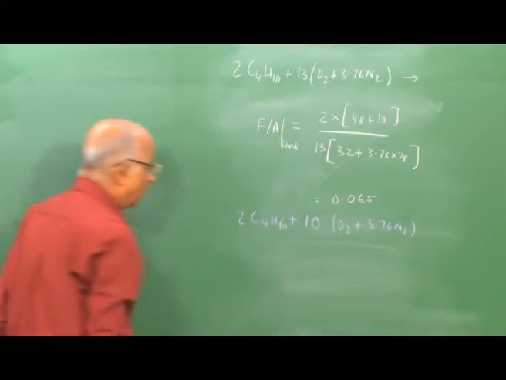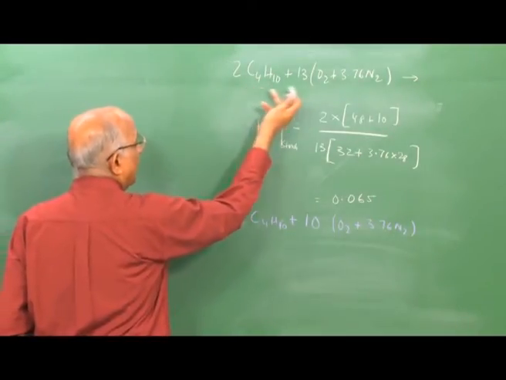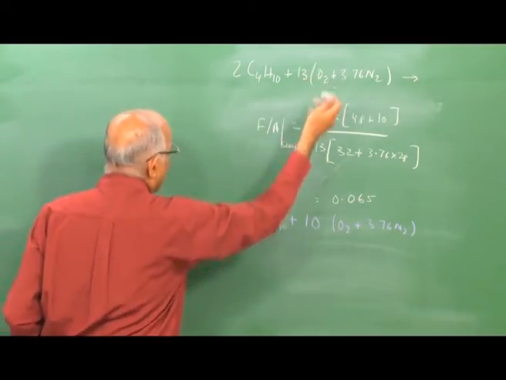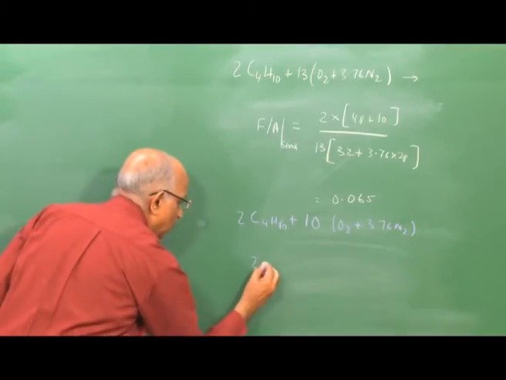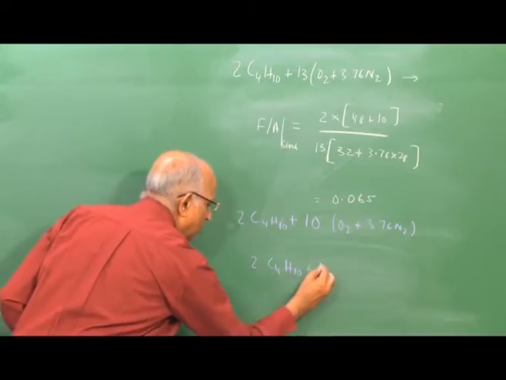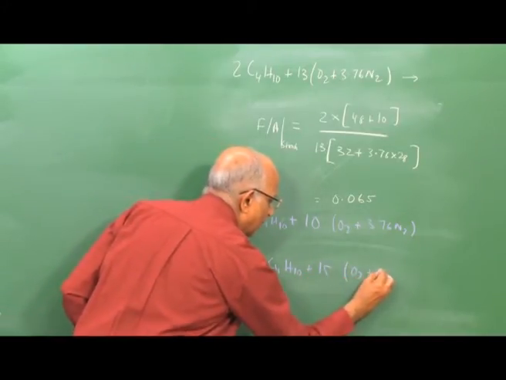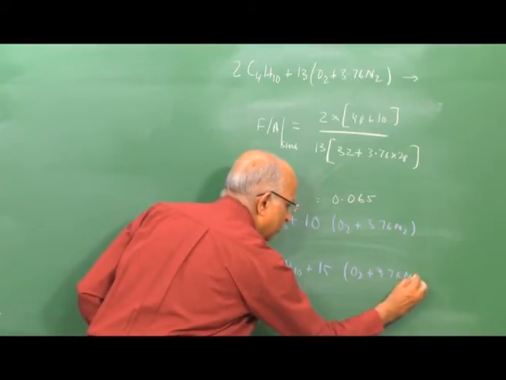This is one scenario. I could also have the leakage much smaller and it mixes with a larger amount of air, that means I could also have 2 C4H10 plus 15 moles instead of 13 moles of oxygen plus 3.76 of nitrogen.